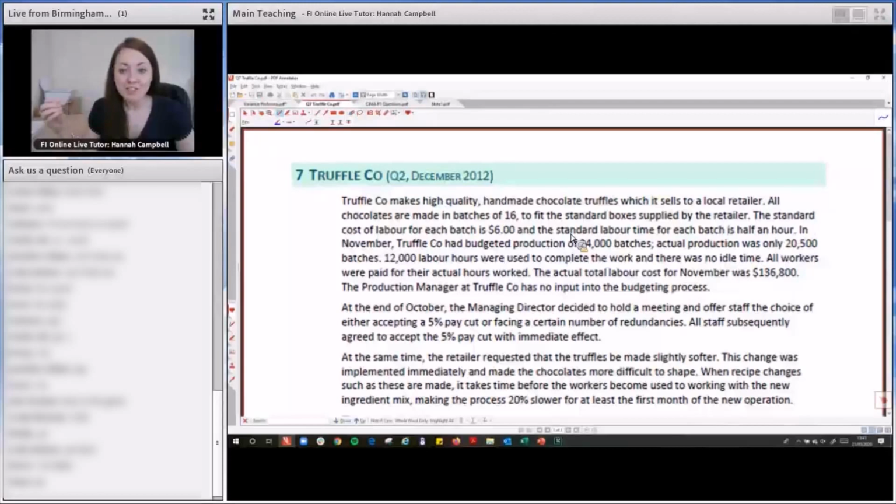Now, what I would suggest is you use different coloured highlighters, which I think you can do on your exam screen. I would highlight everything that is actual information in one colour and everything that is standard information in another colour. The alternative is to type it out. So actual price, type it out.